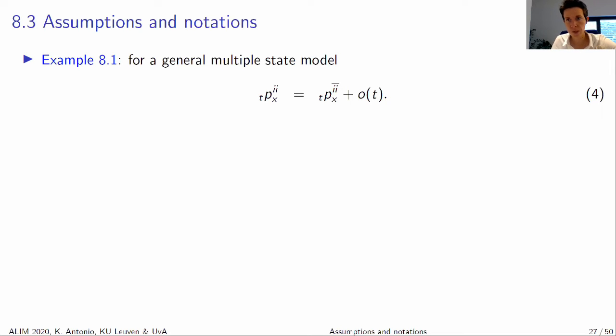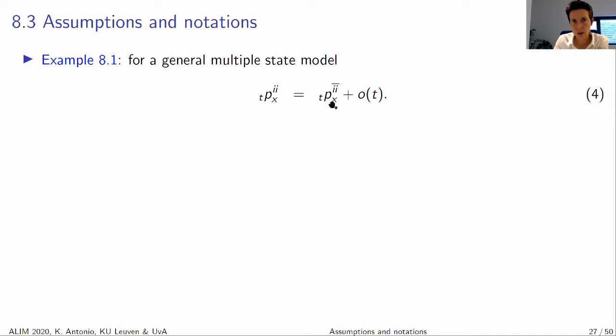So first of all, a simple example, 8.1, where we're going to look at the difference between the expression that you see here at the left-hand side of the equation and the expression that you see here at the right-hand side of the equation. So remember what this bar notation was about. If you look at the expression with the bar, then it means that you're going to stay in state i.